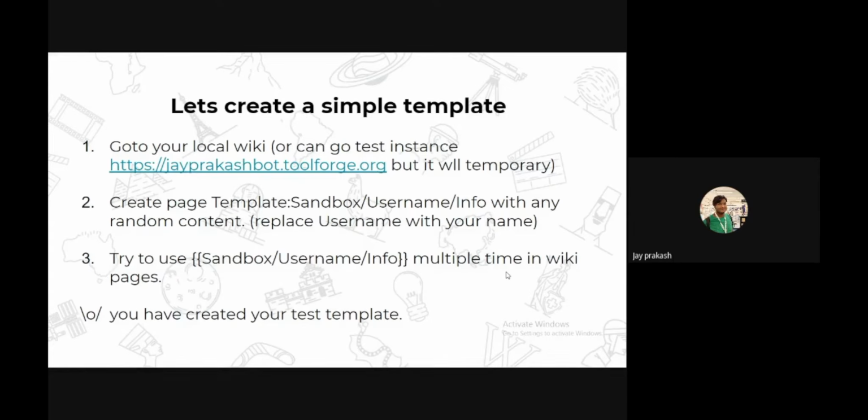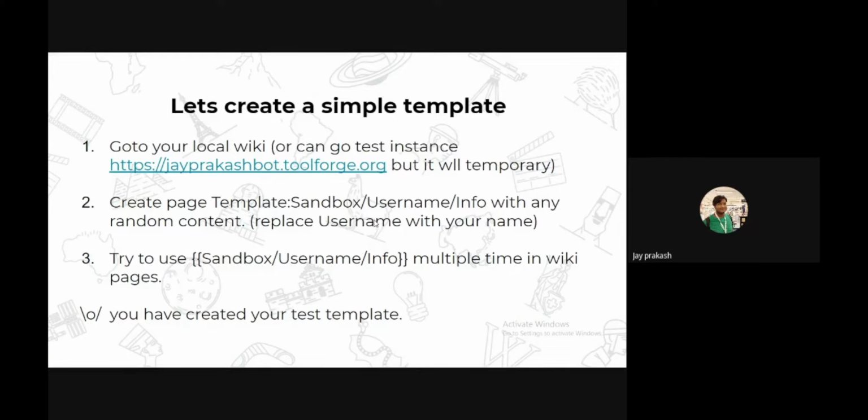Let's create a simple template. Go to your local wiki, or you can go on the test instance, jayprakashport.toolsforge.org. You can go to either your local wiki or my test platform, and then create a page Template colon sandbox slash your username slash info, or anything with any random content.